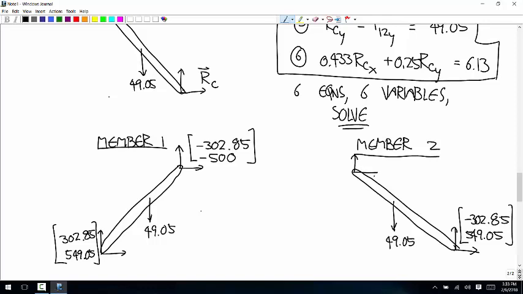And then up here, you have positive 302 and positive 549. That's not right. This is negative. Negative 500. Yes, you're right, that should be negative 500. Yep, thank you.